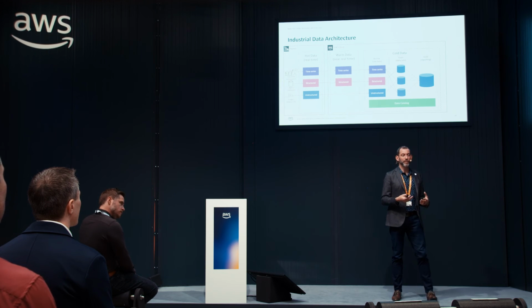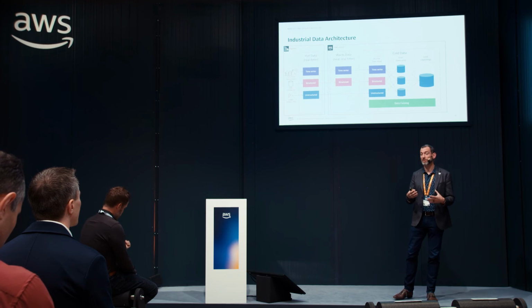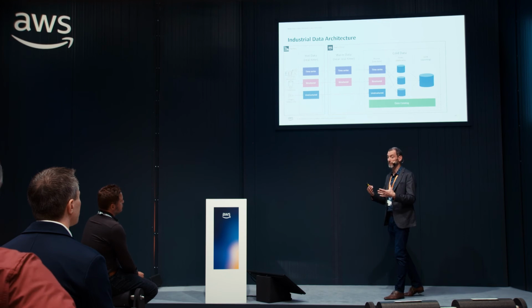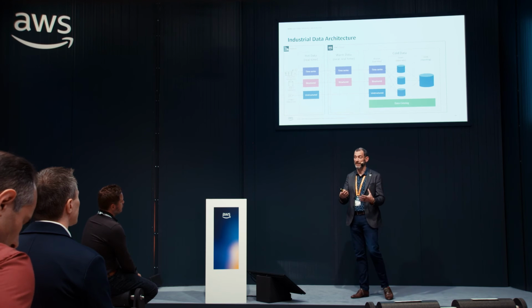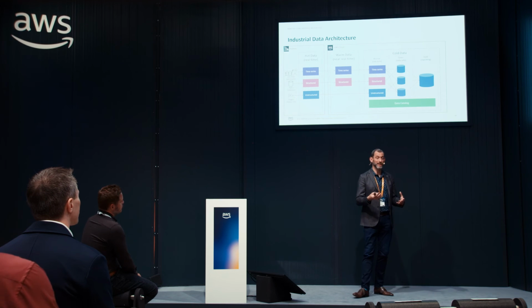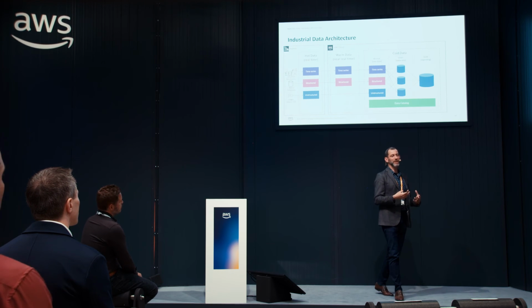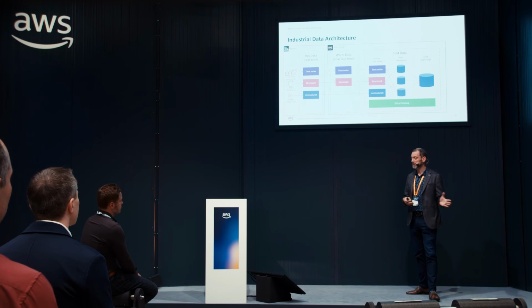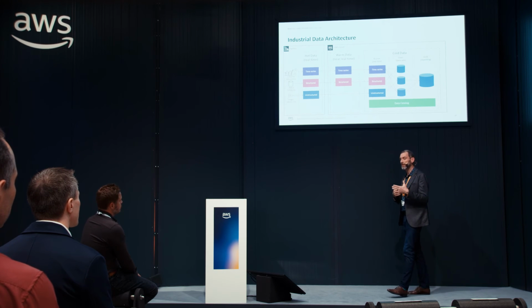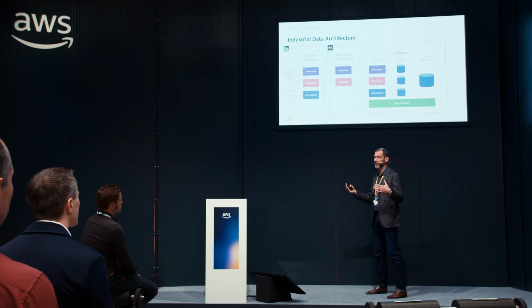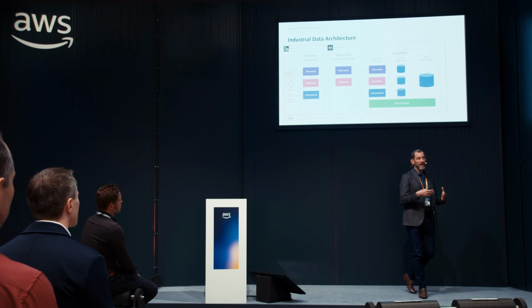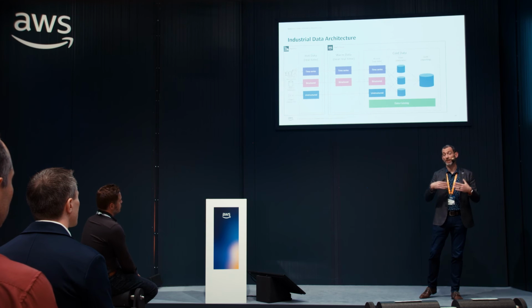We then have our business users. They want the results of that machine learning inference or the results of that analytics. This is where our gold data comes in. Our gold data is what the business is going to be using. So as you can see, when you look at your data strategy, you need to look at it from the point of view of who's consuming it and what applications it's going to be used for.